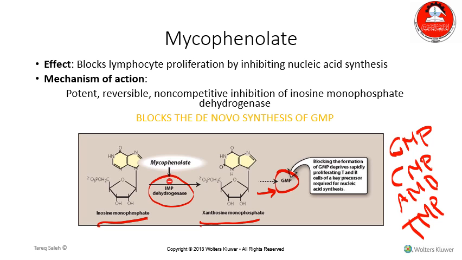G, C, A, and T. So this pathway leads to the synthesis of GMP. And mycophenolate, by inhibiting the enzyme IMP dehydrogenase, blocks the formation of GMP, reducing the availability of these nucleotides for DNA synthesis, which rapidly blocks the proliferation of T and B cells.